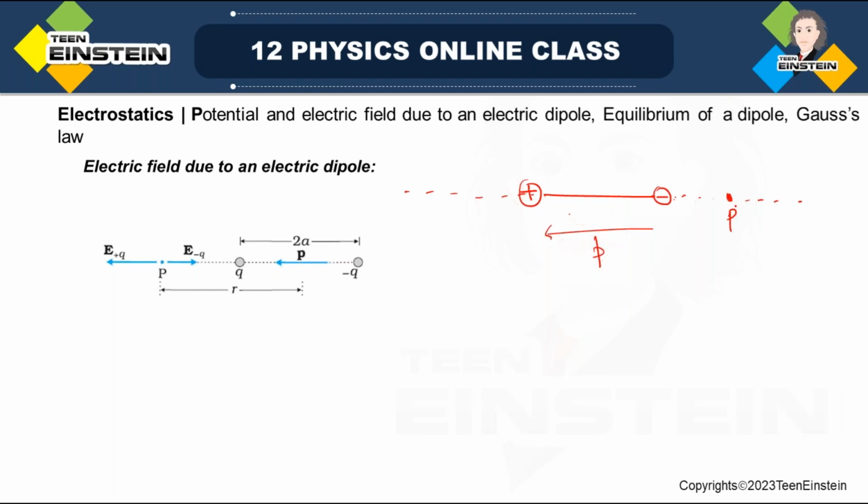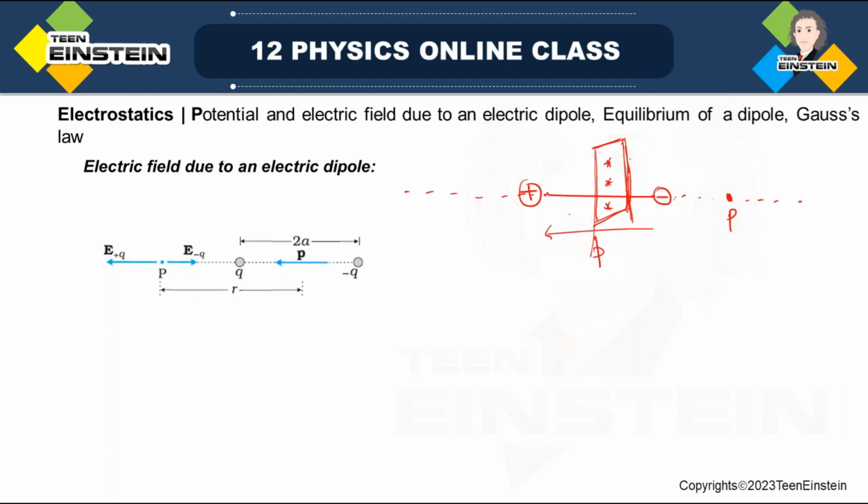So this is called electric field due to the dipole on its axis. Or otherwise, I can have a perpendicular bisector plane like this, bisecting the line joining the dipole, and I can calculate electric field at any point on this perpendicular bisector plane.